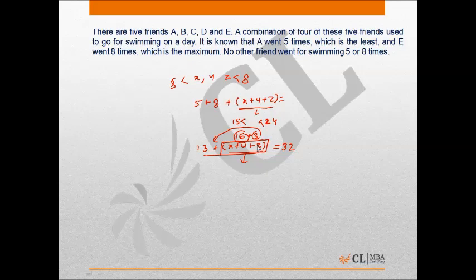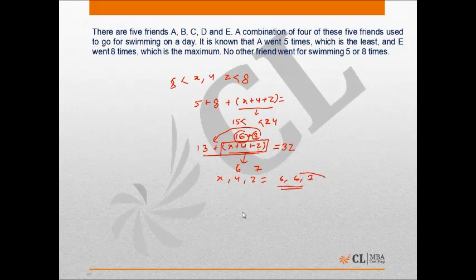And from here we can conclude one more thing, that the value of any two out of the three, x, y, and z, has to be 6, and the remaining quantity will be 7. So x, y, z are 6, 6, 7, not necessarily in the given order, in one case.